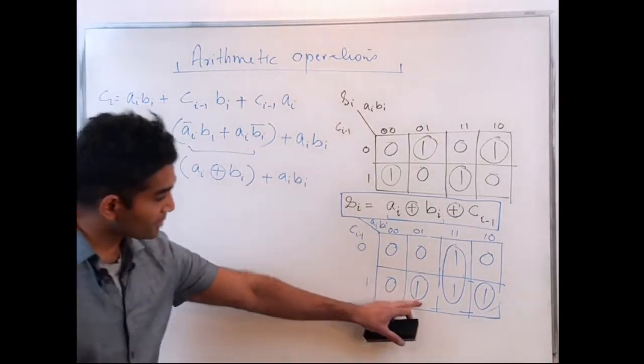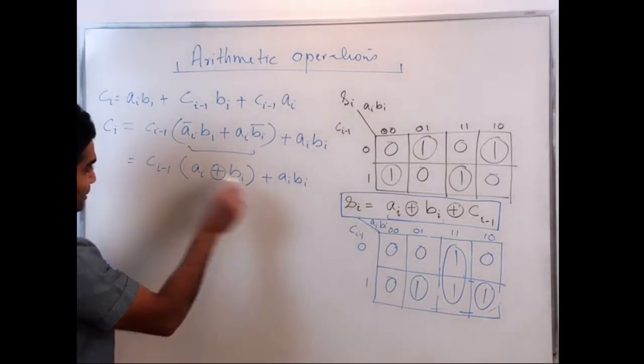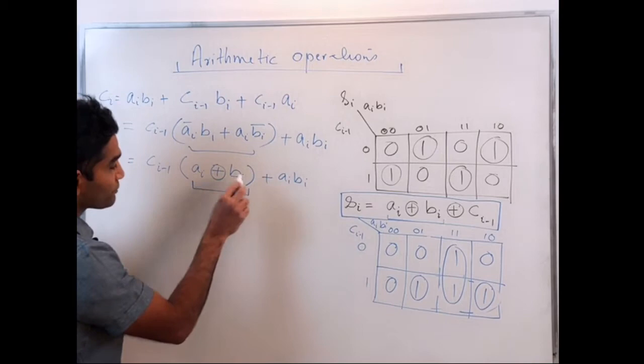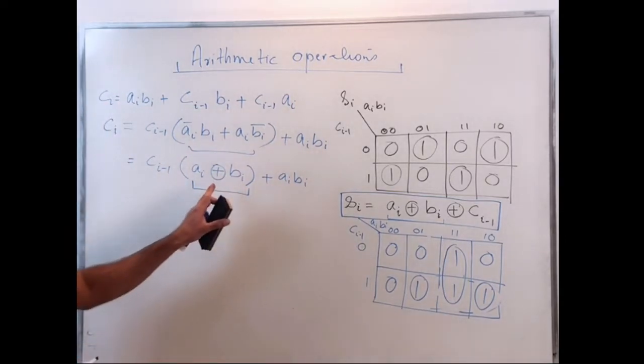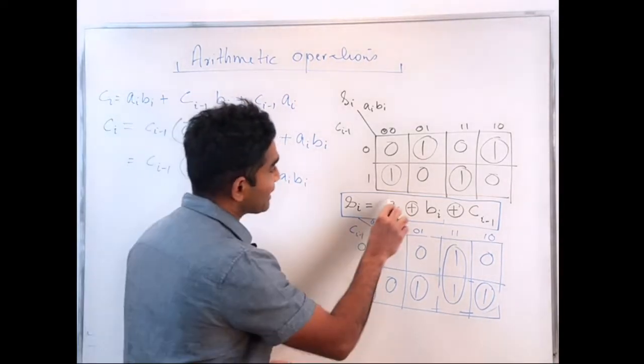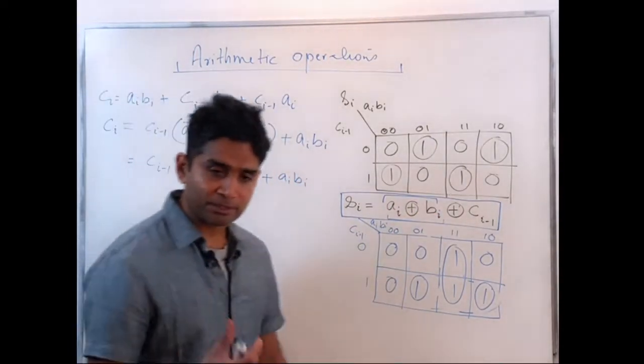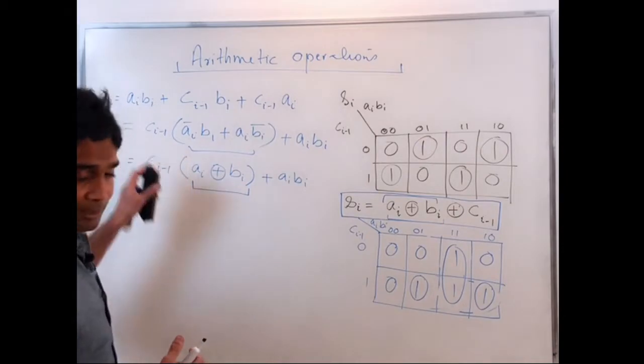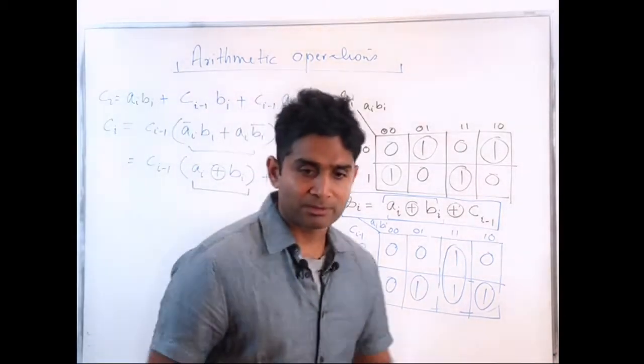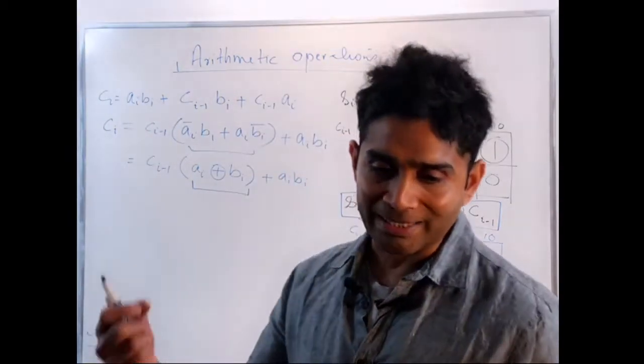But by doing this, I'm able to get my expression in terms of Ai exclusive-OR Bi, which I'm implementing anyway for my Si. So I can reuse that output term for my other output, Ci. That's the idea. It's not the simplest, but it's the more practical way of doing it.